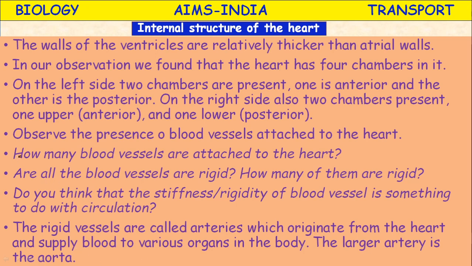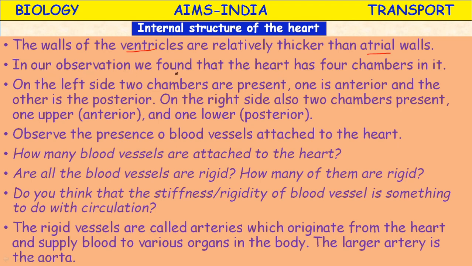So the walls of ventricles are relatively thicker than the atrial walls, because the auricles pump blood only to the ventricles, but the ventricles pump blood to parts far away from the heart. That's why ventricular walls are very thick.